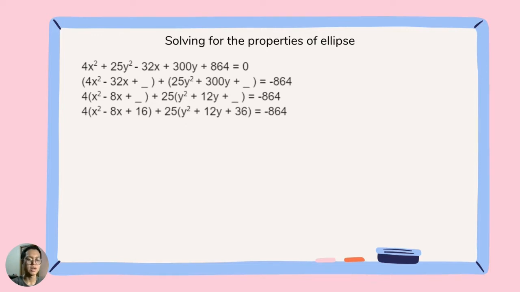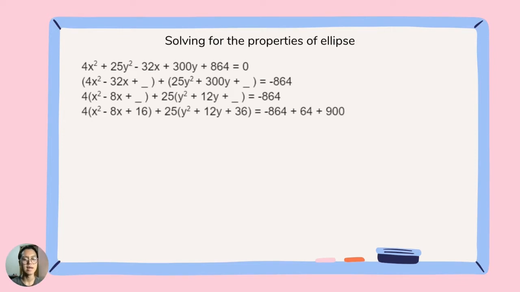So we have 4 times (x squared minus 8x plus 16) plus 25 times (y squared plus 12y plus 36) equals negative 864. Then we're going to follow laws of equality. So what we add in the left-hand side should also be done in the right-hand side.